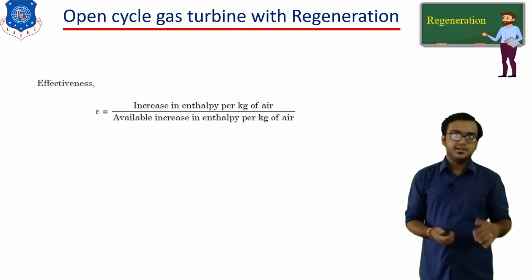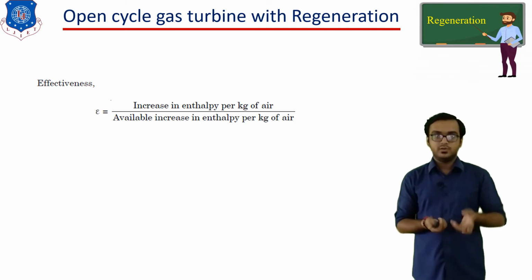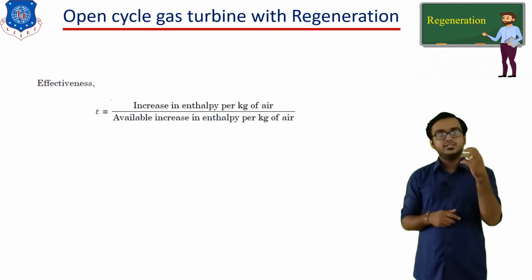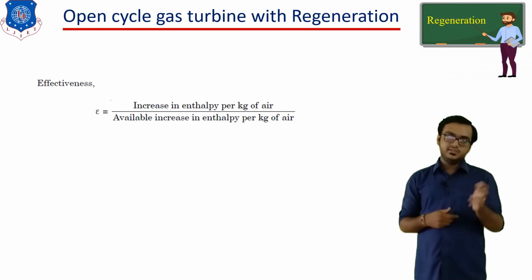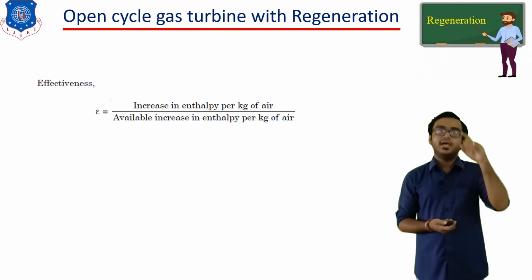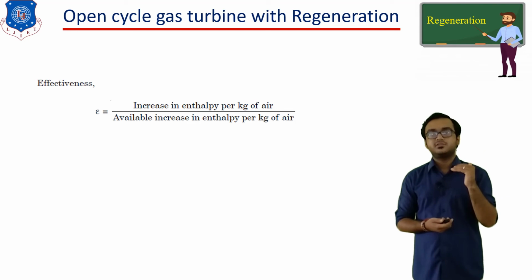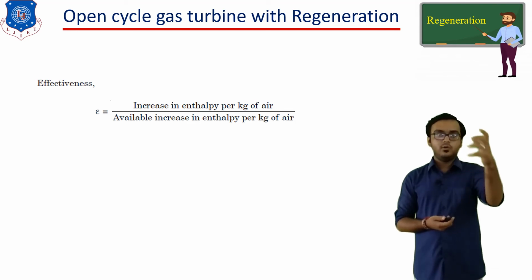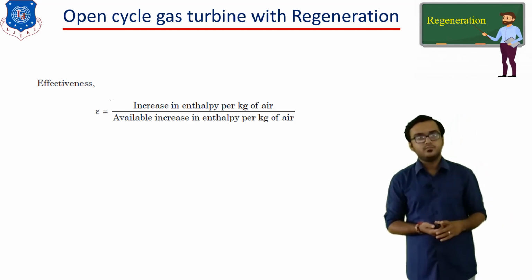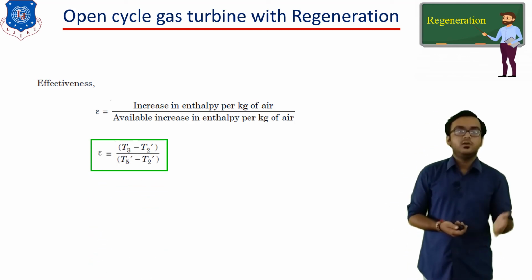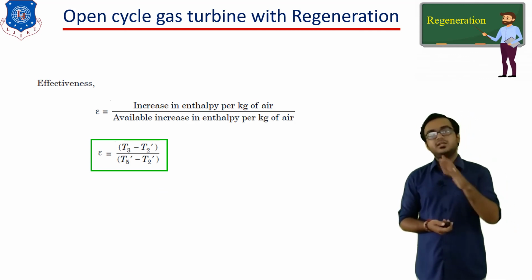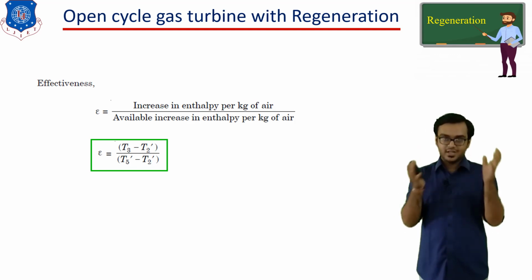Ultimately, heat transfer is nothing but the enthalpy, so I have written the effectiveness equation in the form of enthalpy: the increase in enthalpy divided by the available increase in enthalpy, which corresponds to the actual and the maximum. So the effectiveness is equal to (T3 minus T2') divided by (T5' minus T2'). It is the ratio of these temperature differences.